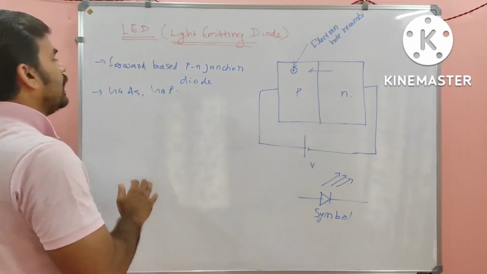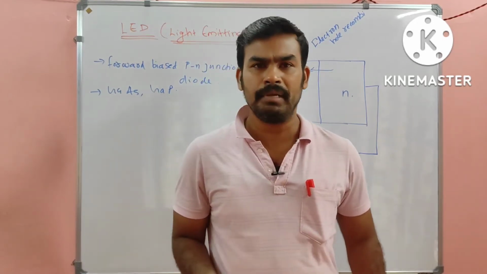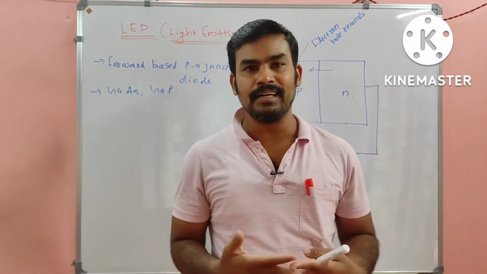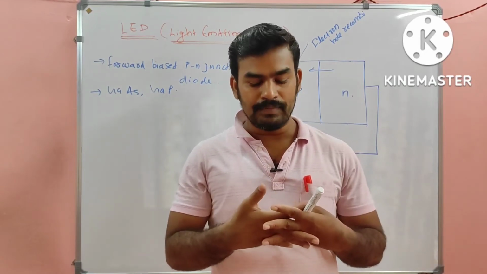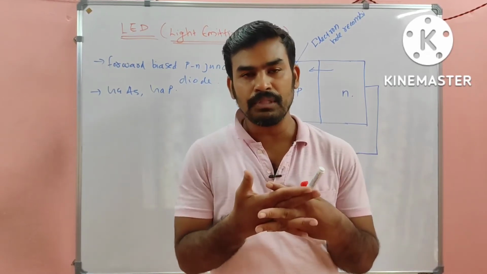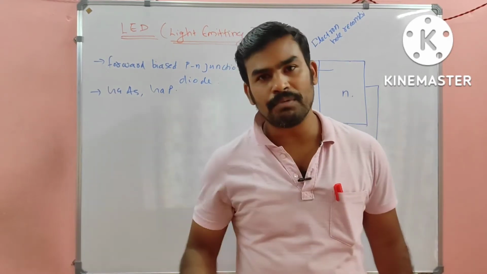I already told you that pure silicon or pure germanium is not used, because in pure germanium or silicon, if you allow electron and hole recombination, visible light energy will not be produced.